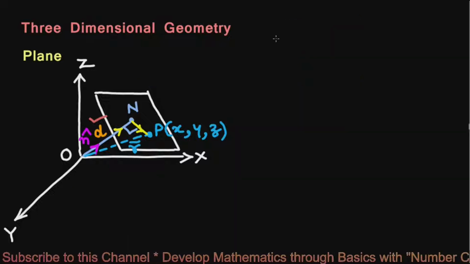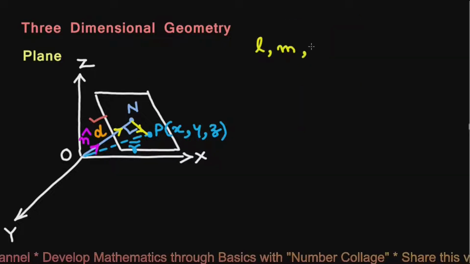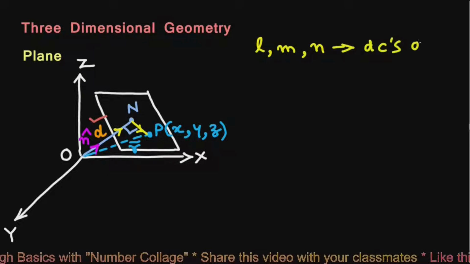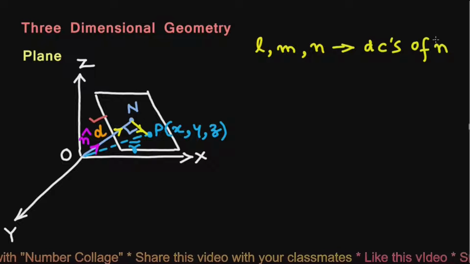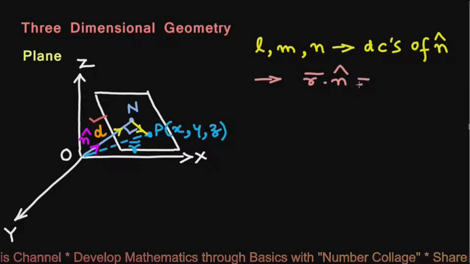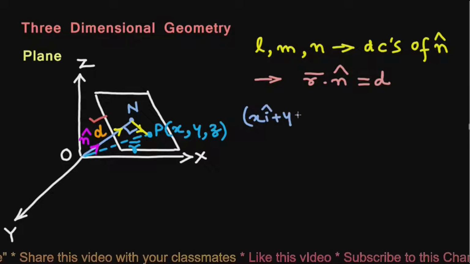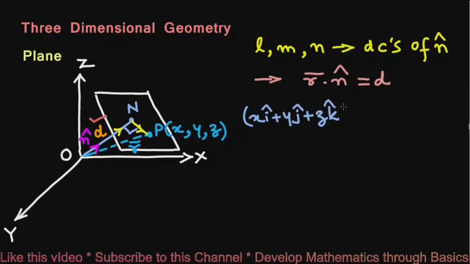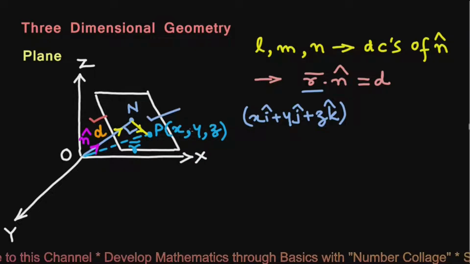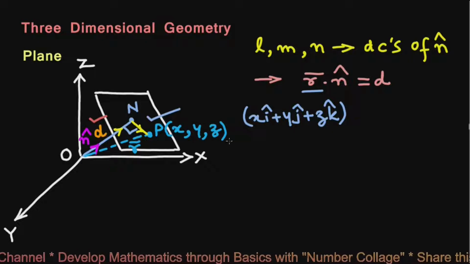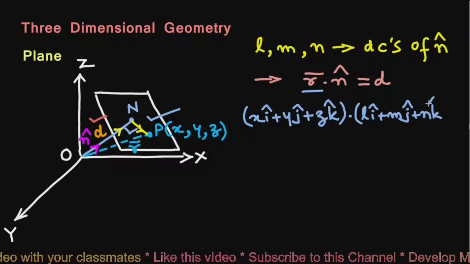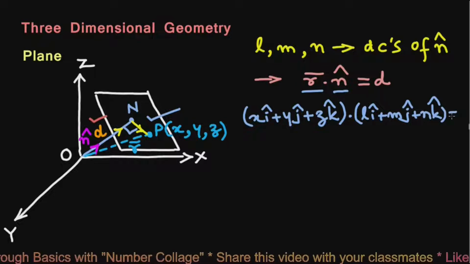Further, if l, m and n are the direction cosines or DCs of the unit vector n cap, then from r bar dot n cap equals d, we write x i cap plus y j cap plus z k cap for this r bar, because the coordinates of P are x, y, z, dot l i cap plus m j cap plus n k cap for this n cap equals d.